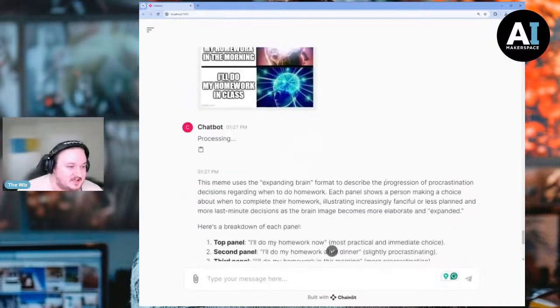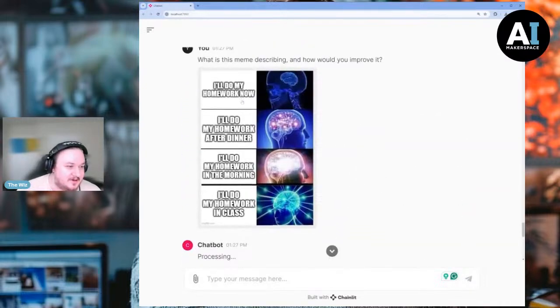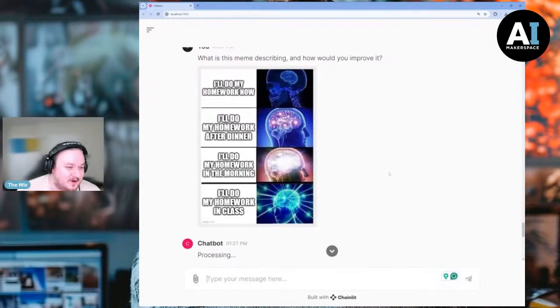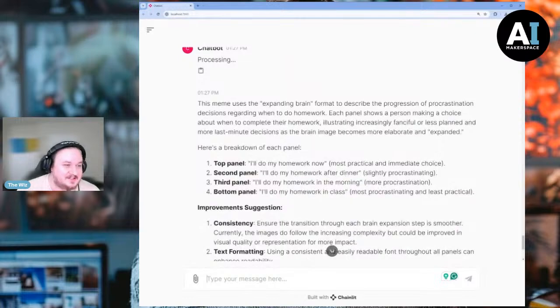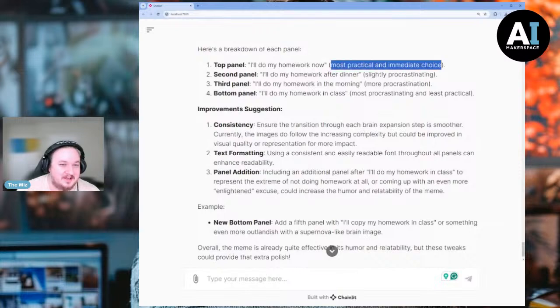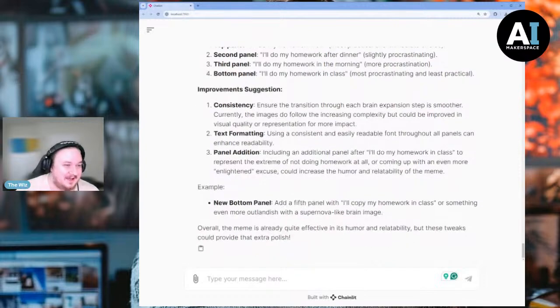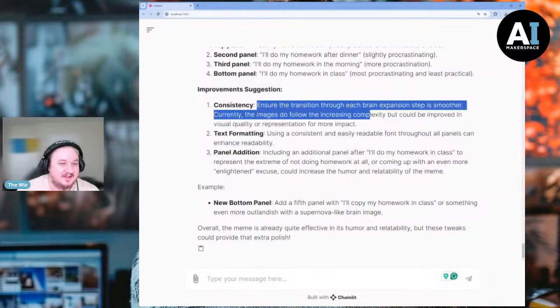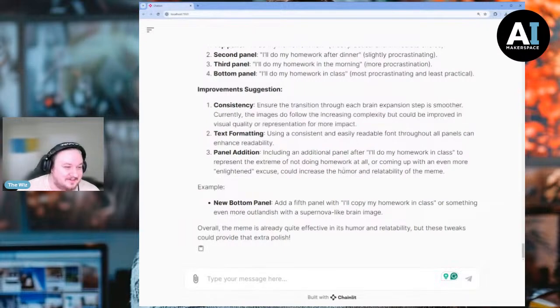So we have this: "I'll do my homework now, after dinner, in the morning, I'll do my homework in class." It "uses the expanding brain format to describe a progression of procrastination decisions. Most practical and immediate choice, most procrastinating and least practical." Such a detailed description of this meme. "Improvement suggestion: ensure the transition through each brain expansion step is smoother." There you go. Okay, cool.